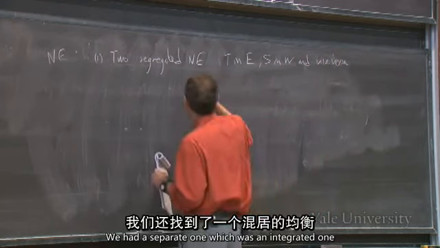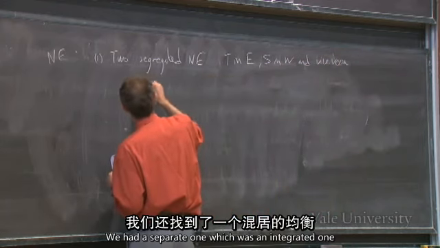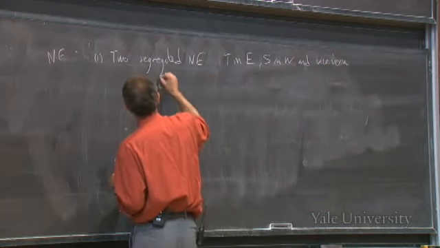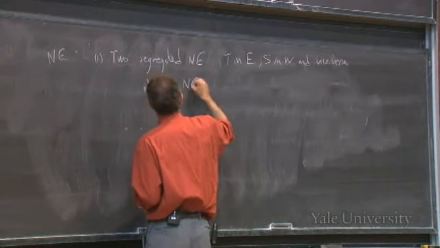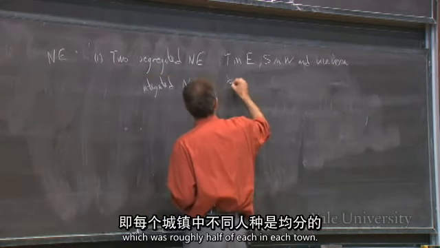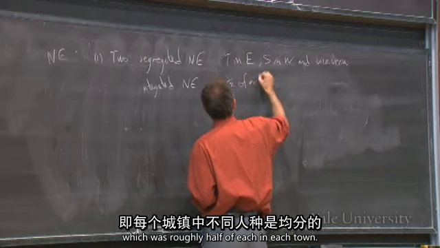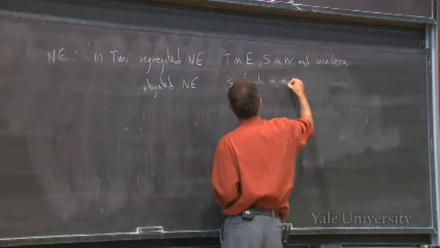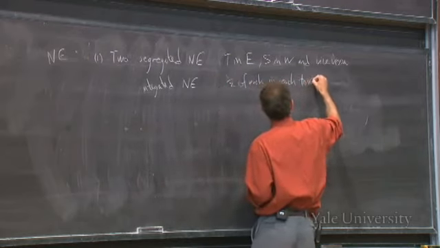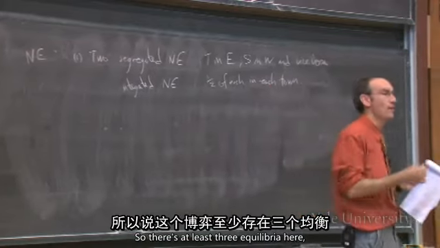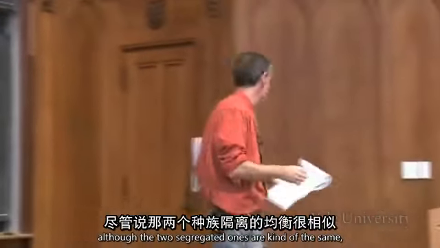And we had a separate one, which was an integrated one, which was roughly half of each in each town. So there's at least 3 equilibria here, although the 2 segregated ones are kind of the same.